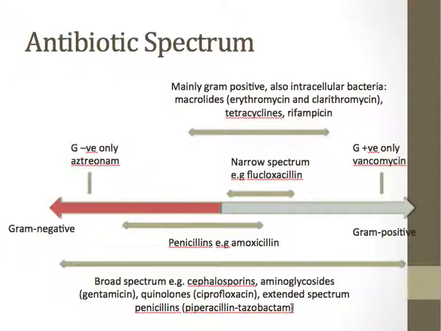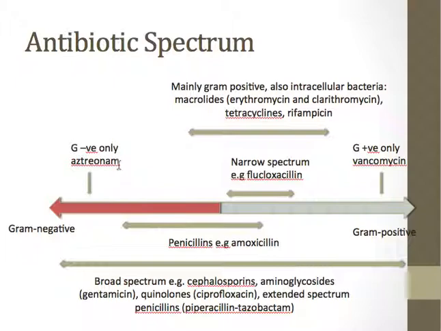Then you have the narrower spectrum penicillins here, like amoxicillin, which has some gram-negative and gram-positive activity, but not as much gram-negative activity. Then you have the narrow spectrum penicillins, like flucloxacillin, which really only has anti-gram-positive activity. You have antibiotics which have activity only at one end or other of the spectrum, so here we go, vancomycin has no activity at all against gram-negatives.